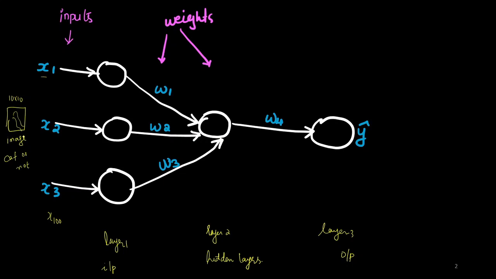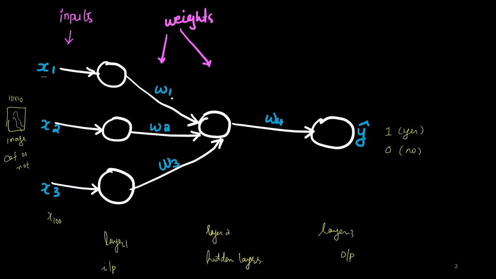If the image is of a cat, it has to give output 1, that means yes. If it is not a cat, it has to give output 0, that means no. So how will the network find out whether it is a cat or not? In order to do that, first we have to train the network.